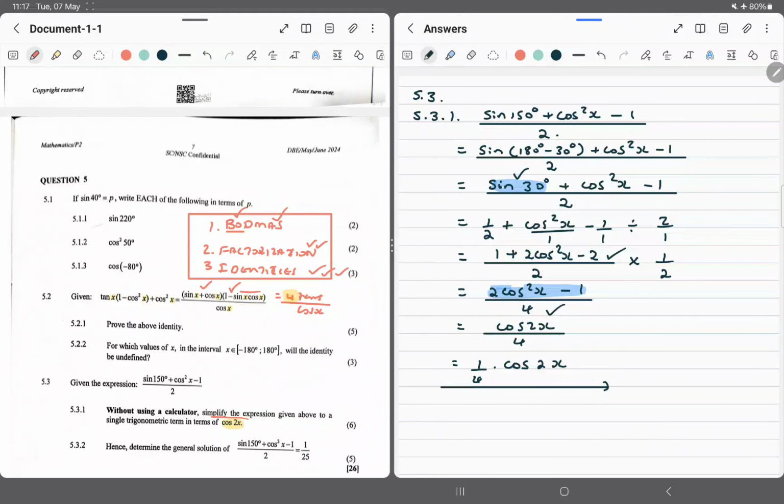Maybe the mark is here when we finally did the multiplication, and the other mark is when we contract this to the cos of 2x using identities.